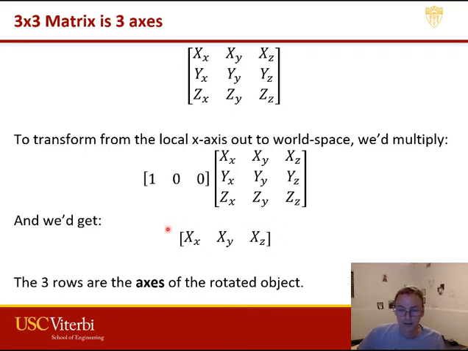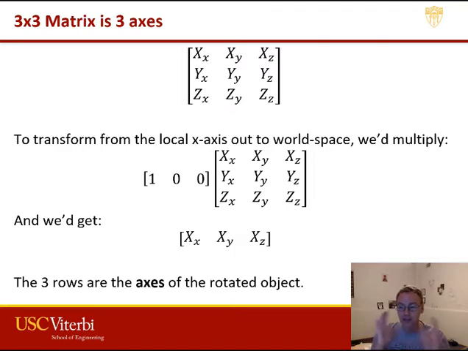Well, I get this. And what is that except the x-axis that I'm indicating here with my finger? The x-axis, as it points in world space, is the top row of my matrix. The second row of my matrix is my y-axis, and the third row is my z-axis.